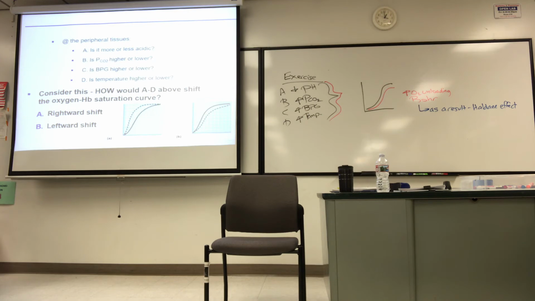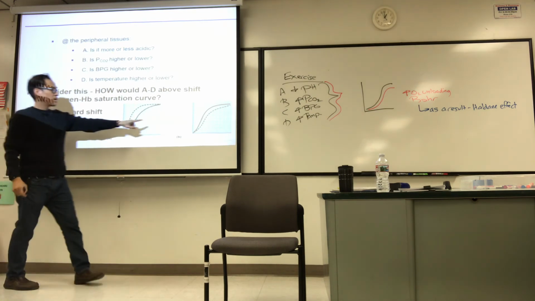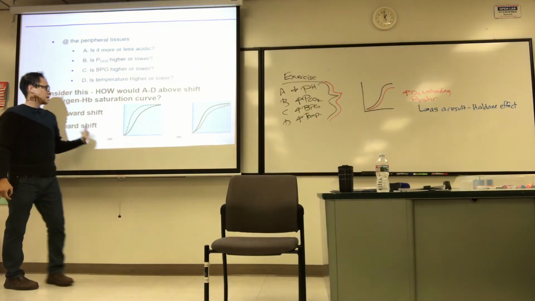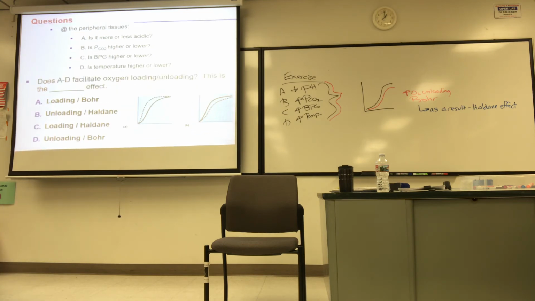I'm sorry, I always do that. Pretend those aren't there. It's a rightward shift, so it is graph B. When I did the automatic label, I should have changed it to numbers, not letters. Glad you caught that. Any other questions?